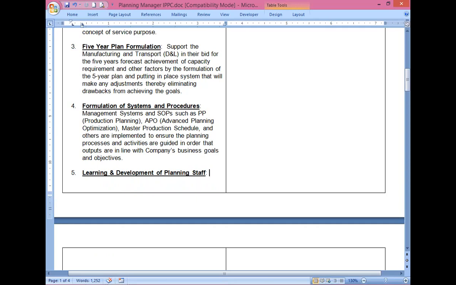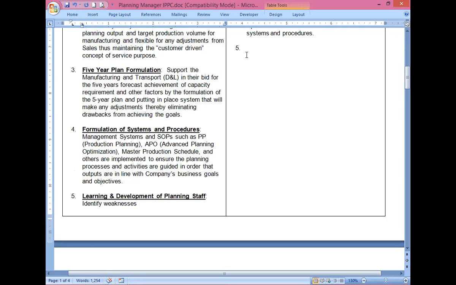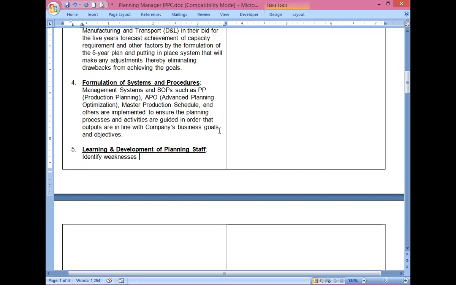Okay. I would say identify weaknesses. Have we done the number? Okay, number 5. Weaknesses, I would say areas for improvement.